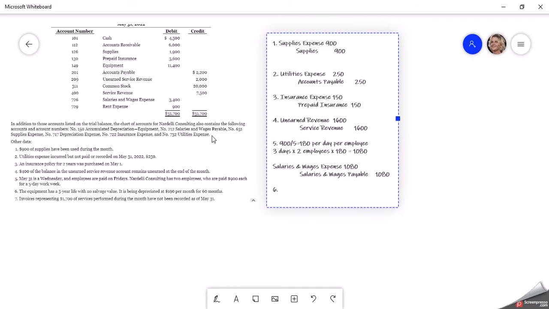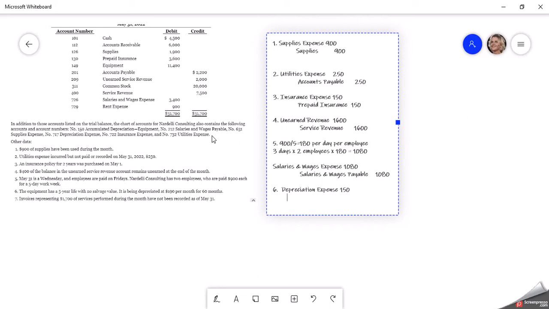All right, then number 6, we have the equipment has a 5-year life with no salvage value, and it is being depreciated at $190 per month for 60 months. So then we are going to have depreciation expense for $150.